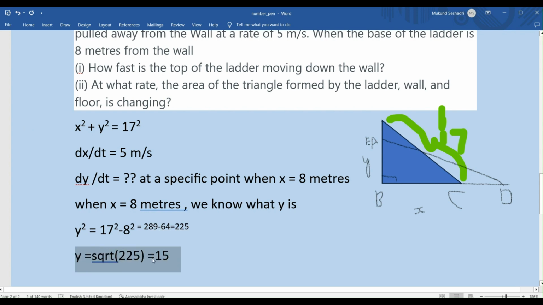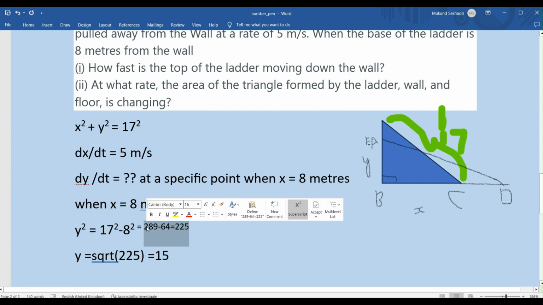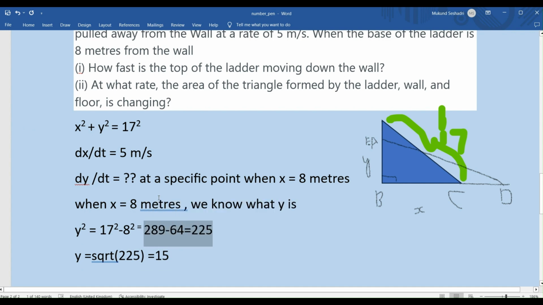Let me clear this out. So I'll take a minute to explain this once again. You have a right angle triangle here, where we know that x square plus y square is equal to the square of the length of the ladder, which is a constant, right?